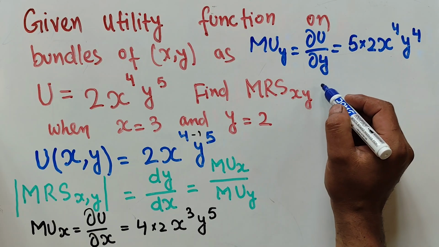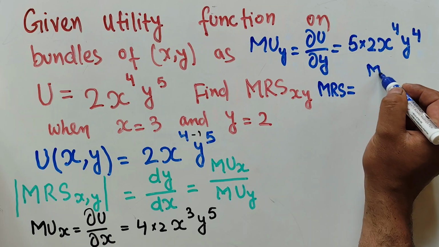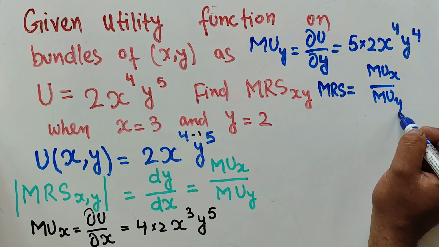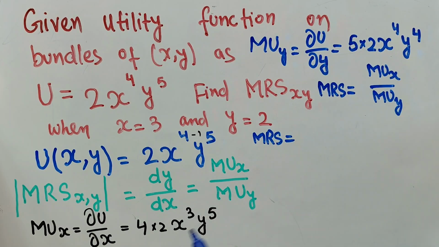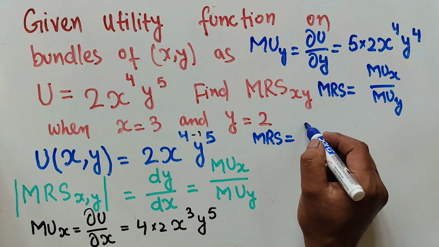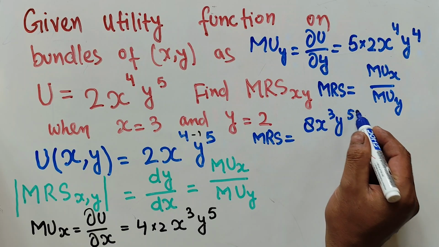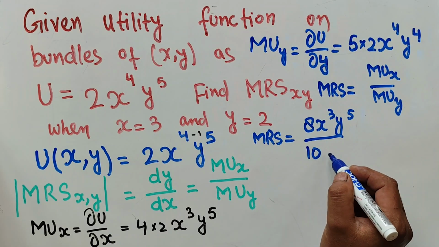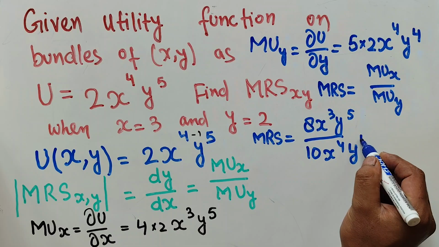So we know that now MRS is equal to MUx upon MUy. Which implies MRS is equal to MUx, which we calculated, 4 2s are 8 x cubed y raised to the power 5, and MUy is 5 2s are 10 x raised to the power 4 y raised to the power 4.